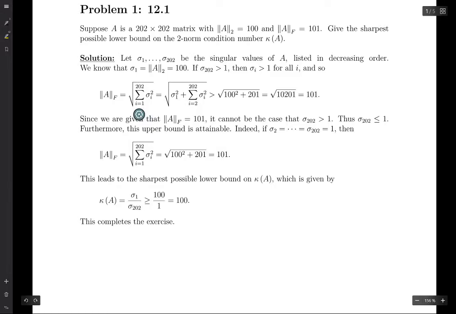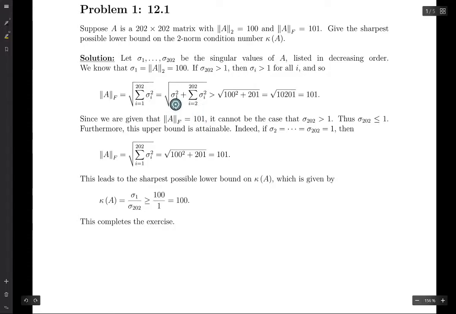This is something that we've proven about the F norm. The F norm is the square root of the sum of the squares of the singular values. So we can write this sum as sigma 1 squared plus the remainder of the sigma I squareds.